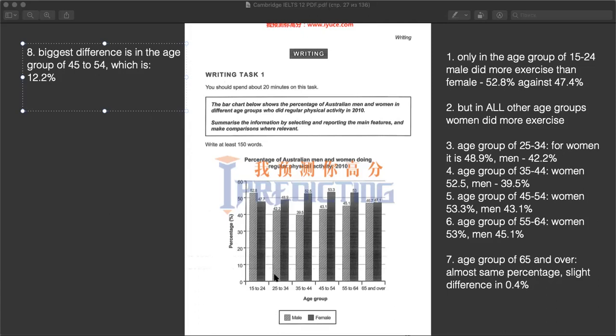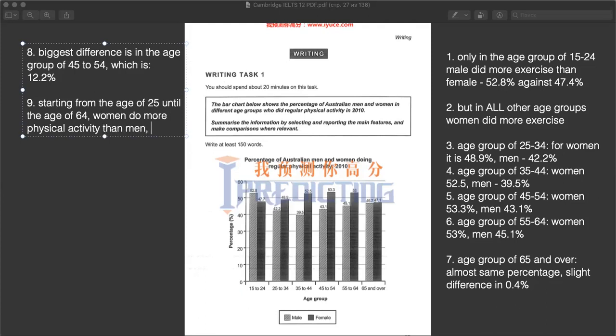And so we can see, starting from the age of 25 until the age of 64, women do more physical activity than men.